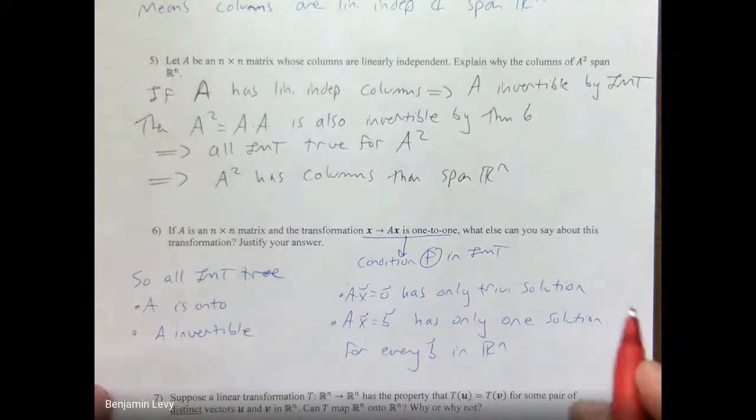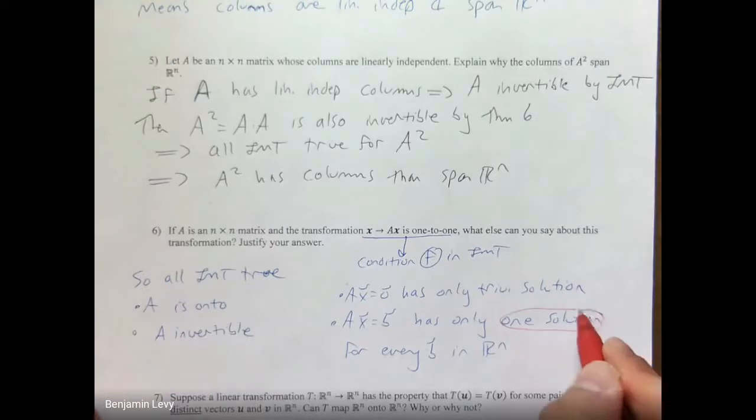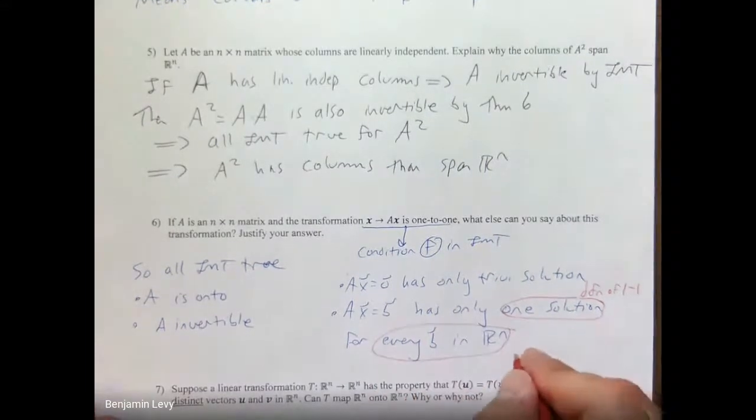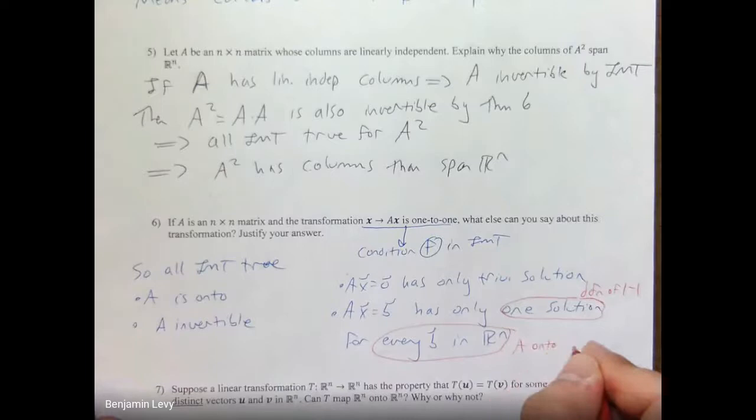And then moreover, if it only has one solution, that means the definition of being 1-to-1. And if it happens for every B in Rn, that's the definition of A being onto and spanning Rn. Right, and so just as an example, we can say everything in the IMT is true. Those are just a few examples of the things.